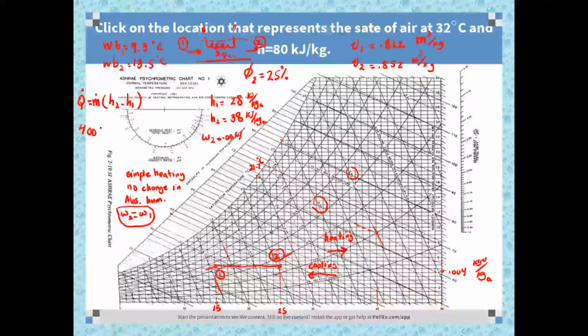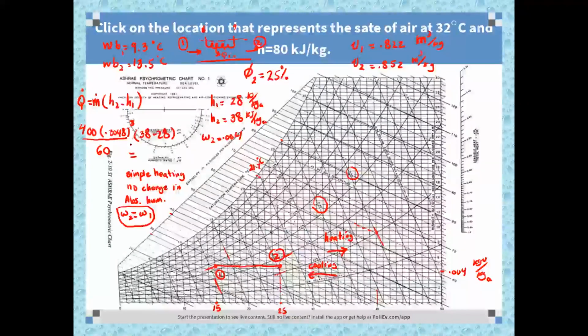So 400 CFM times, what was the conversion? 0.3048 cubed, that's meters cubed. It's per minute and we want it per second, so divide by 60, times 38 minus 28, which is 10.